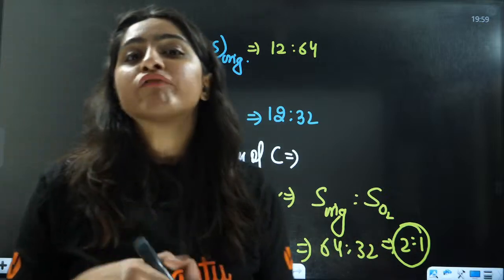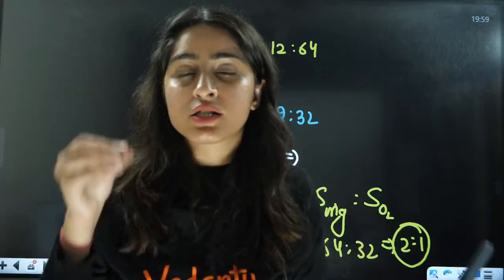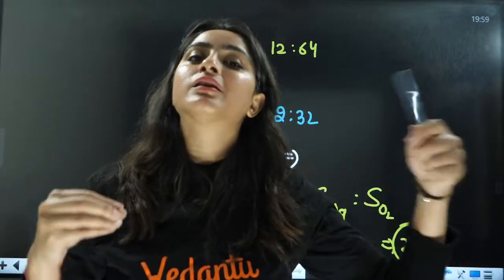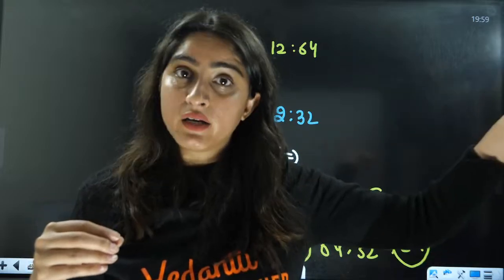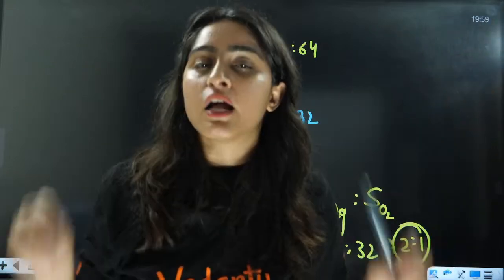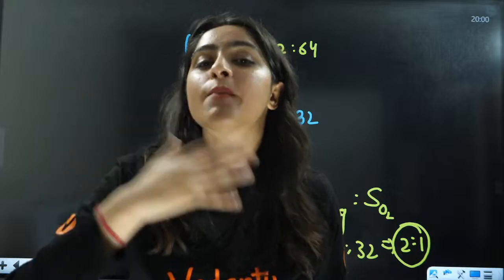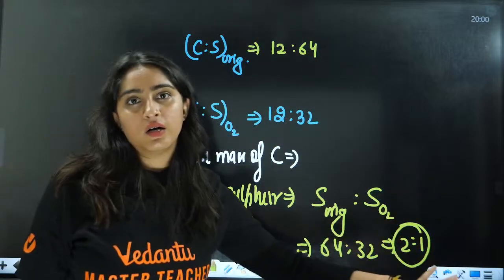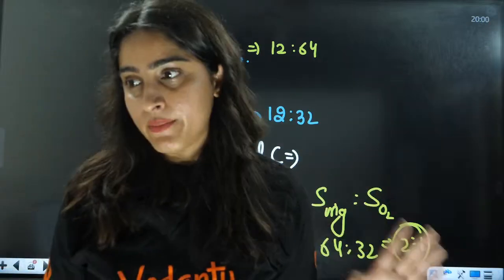That means if carbon and sulfur are combining with a fixed mass of a third element, the ratio of carbon and sulfur is going to be in a simple whole number ratio with the original one, when they combine directly.